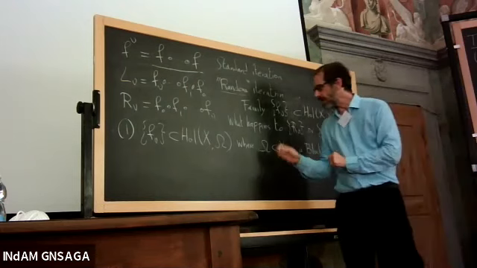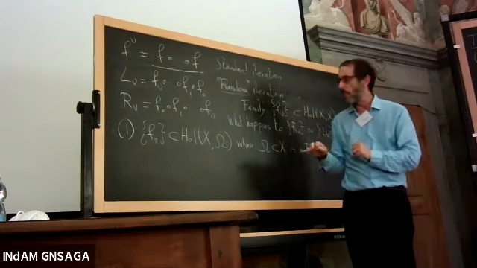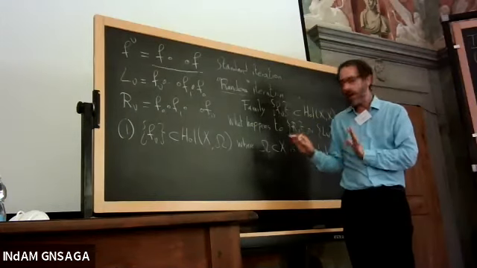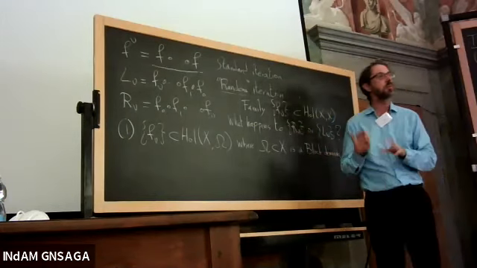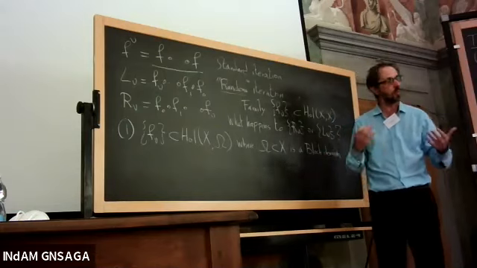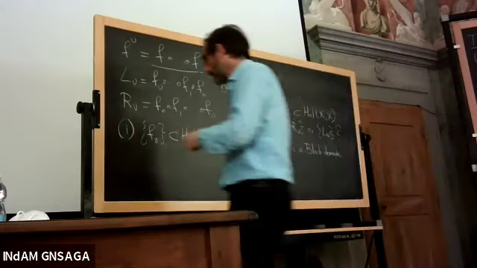The easiest case is when Omega is relatively compact in X. But actually, there are block domains that are not relatively compact, so it's much more interesting.